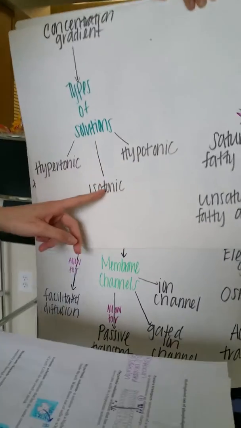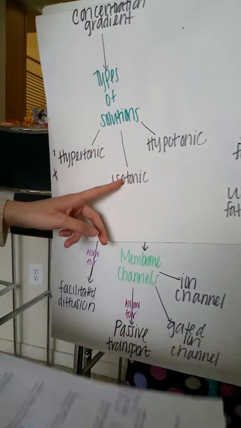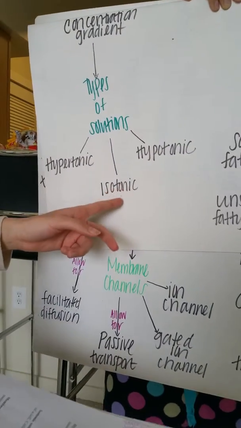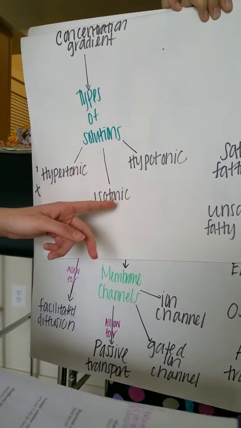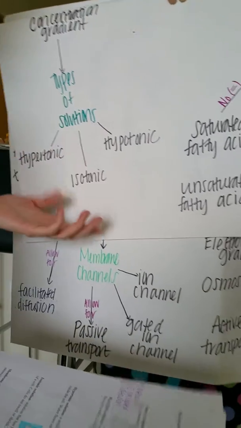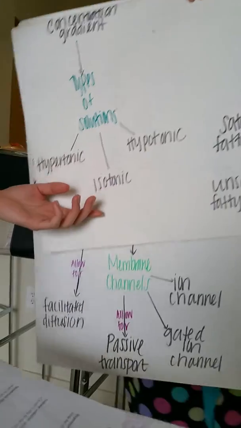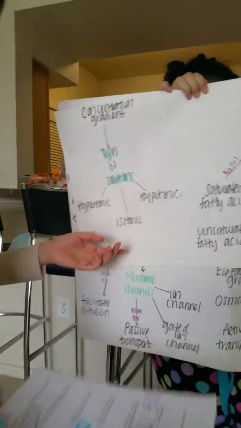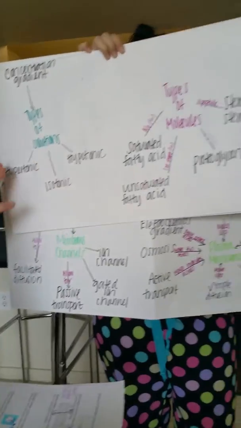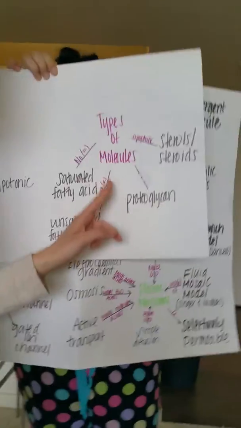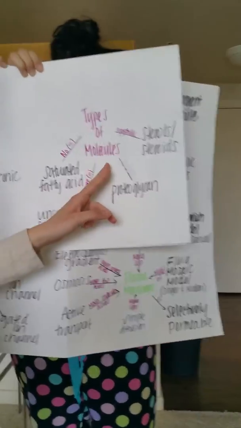Then we have our neutral solution, the isotonic solution, where the concentration of solutes is the same within the cell as well as outside of the cell. So the cells, when placed in this type of solution, will neither shrivel nor burst. We'll move over here with our types of molecules.